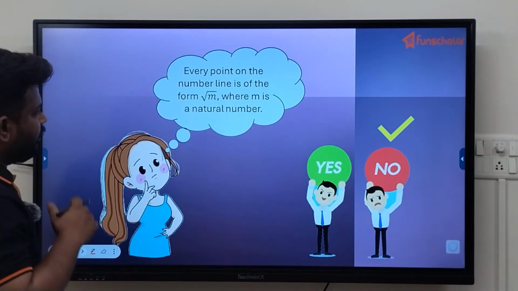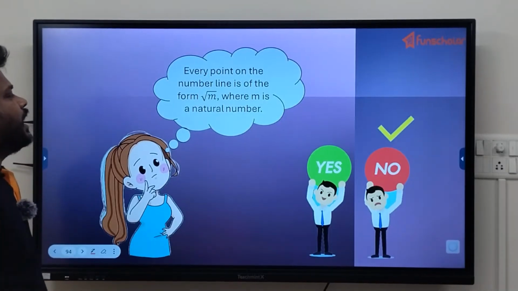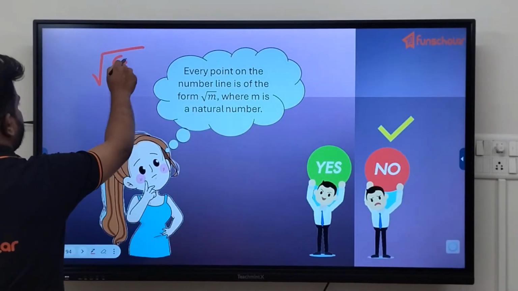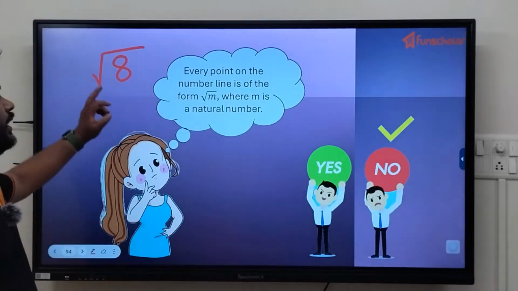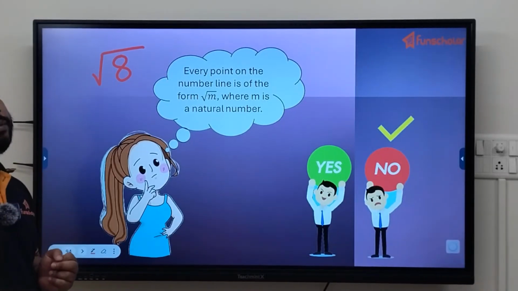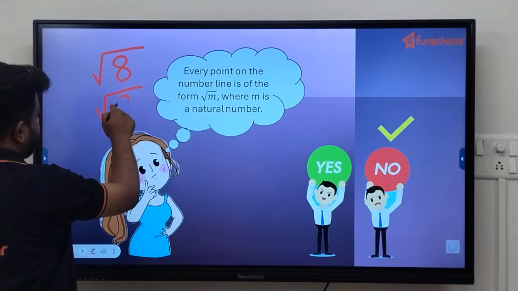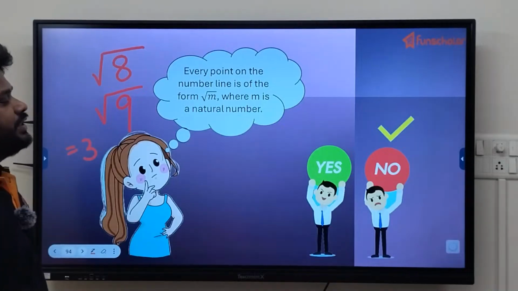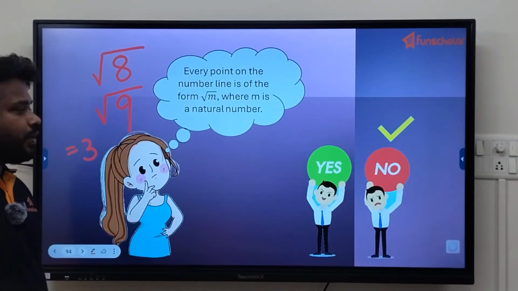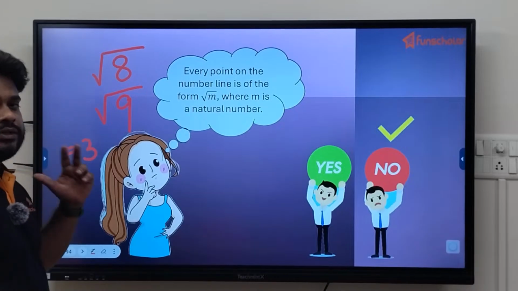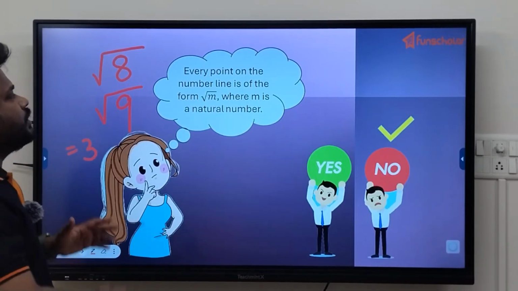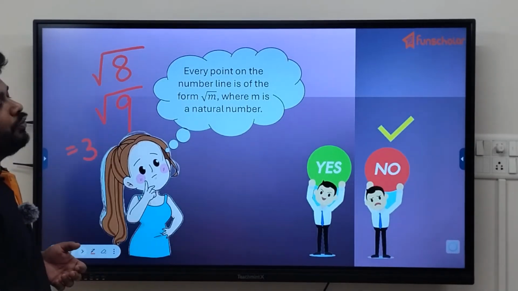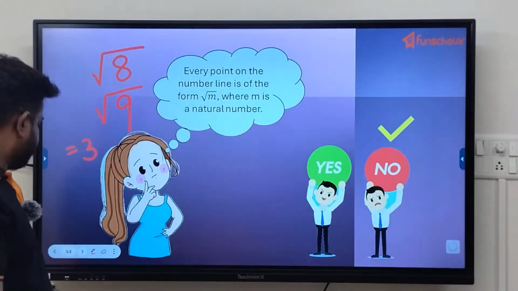If I try to explain it, we can draw this point and for this one it will be true, but if we write this number, the answer will be 3, which is a natural number. So for all cases this is not right, for some cases it is right. From this we can say that every point on the number line is of the form root m is not a correct statement.